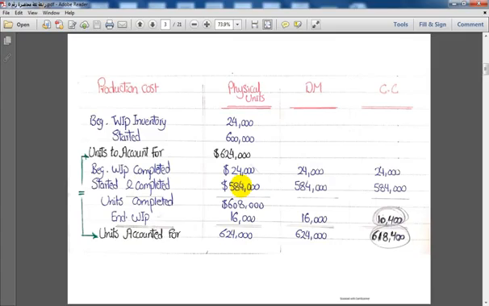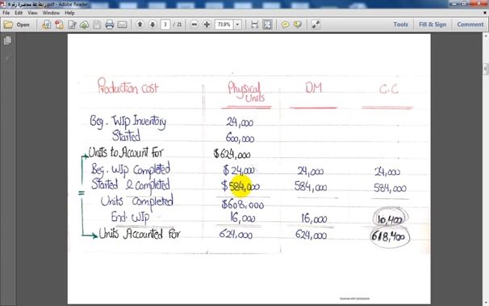So direct material is added before the completed percentage of ending work in process.